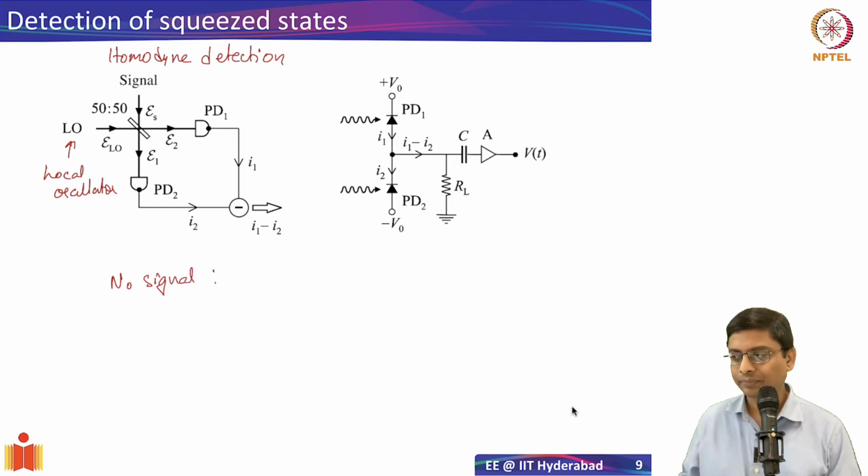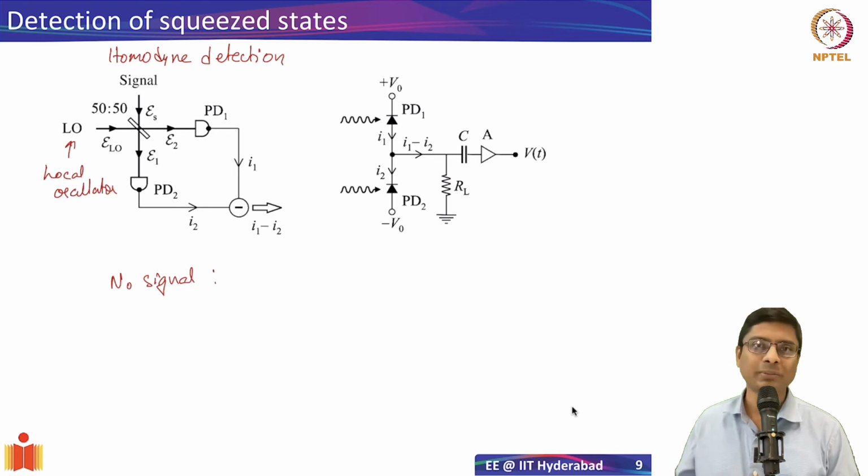What happens? Well, you have a local oscillator, which is a very strong signal, and that gets split into two parts. It's a 50-50 beam splitter, so it falls equally on these two. Now, what will be the output? That we'll see. The output is basically the difference in the currents from the photodetectors, but because it's a 50-50 beam splitter, the average current should cancel out.